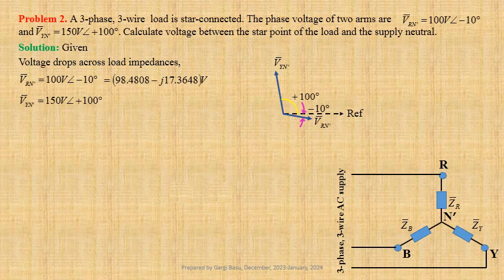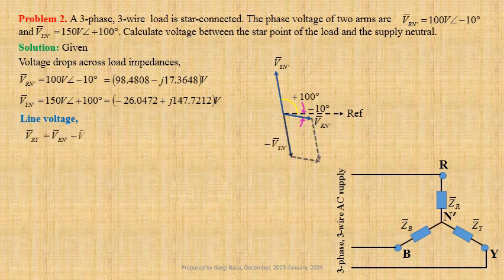In Cartesian form, this may be written as minus 26.0472 plus j times 147.7212 volt.